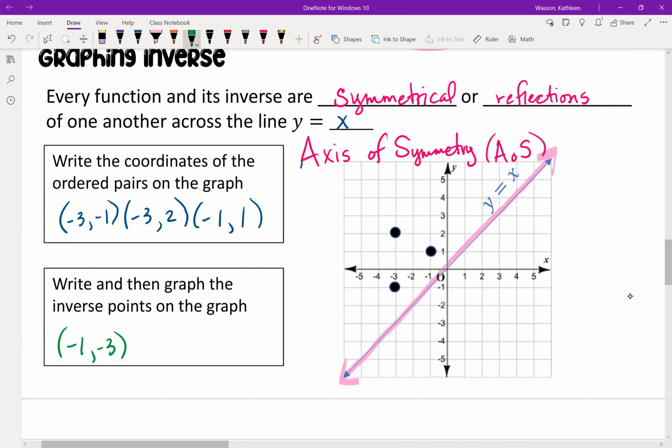So I'll have -1, -3, and 2, -3, and 1, -1. These are just points, but it might be easier to see the symmetry if you connect them.